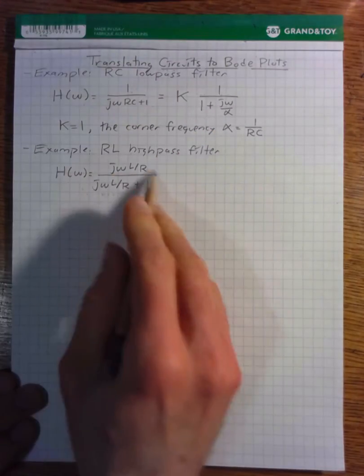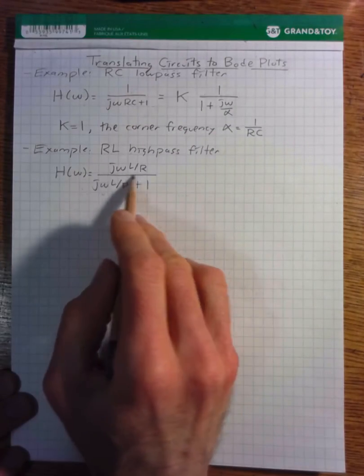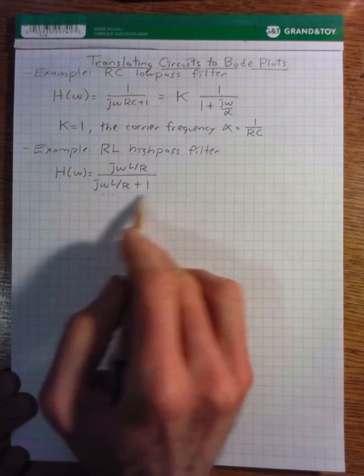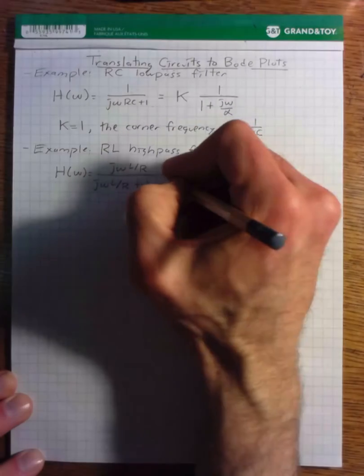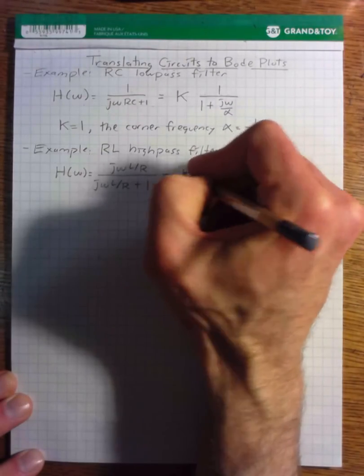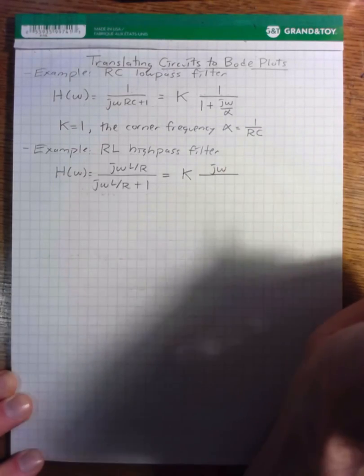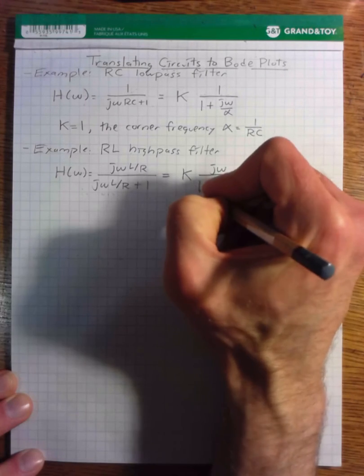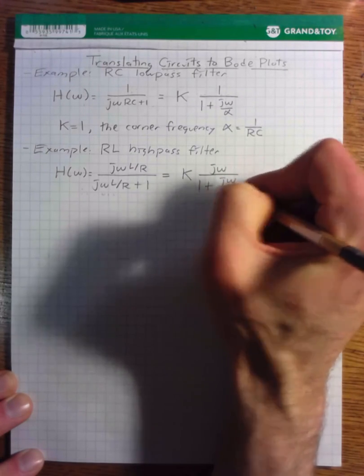So this is the form that we have from our circuit analysis results in module 13. And so we now have a simple pole, and we also have a zero at the origin. And so to convert this into Bode plot form, we have one zero at the origin, and then one simple pole.